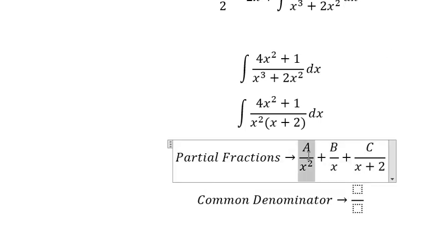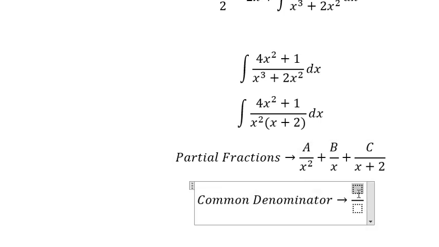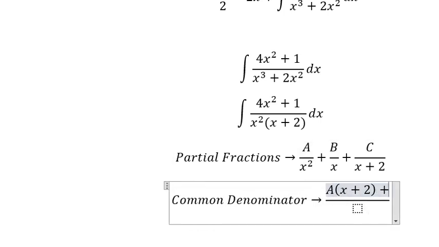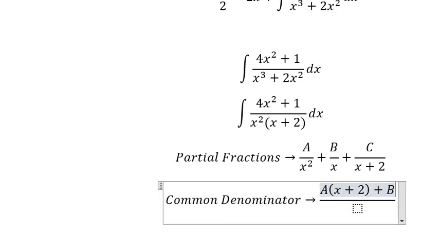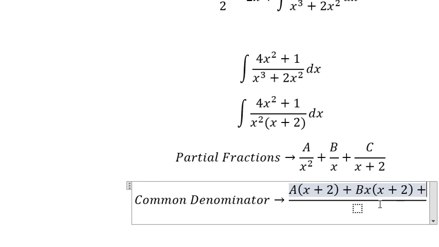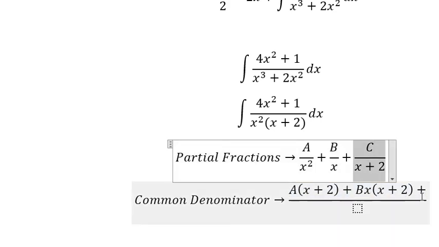This one, it is missing s plus 2, so capital A multiplied by s plus 2. About this one, it is missing s and s plus number 2. This one, it is missing s squared.